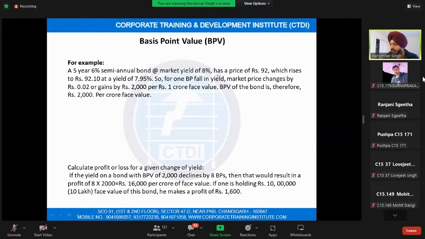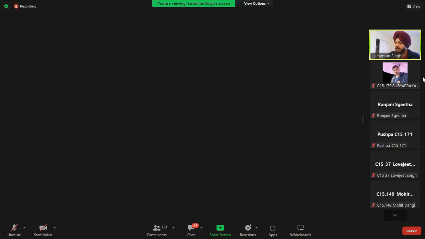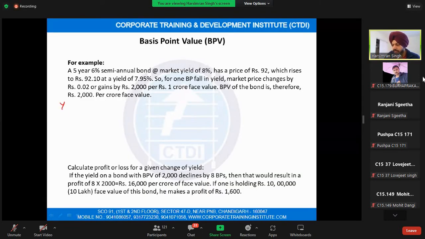He says the bond has a yield of 8%. Fine. And the price is how much? 92. Now he says the yield goes to 7.95% and the price becomes 92.10.